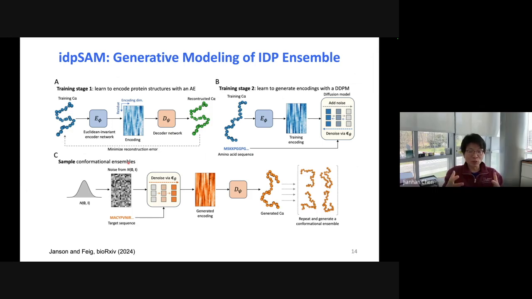So for me, I feel that the biggest opportunity is to really bring in, to transfer what we learned from predicting the structure of folded proteins into this pipeline. I think it's where a lot of information can be leveraged to make a tool that can generate more realistic ensembles.